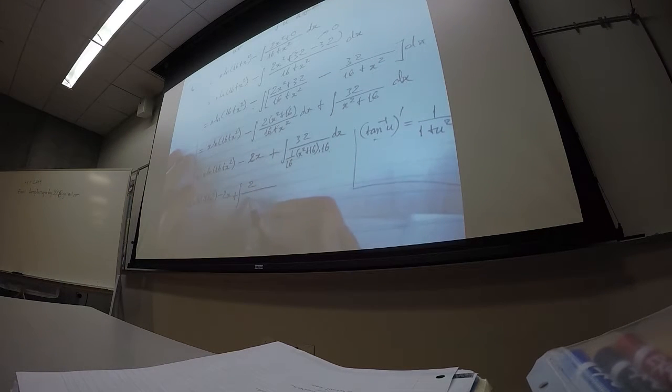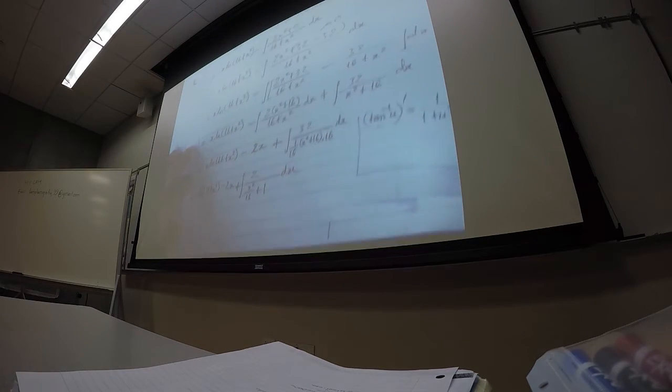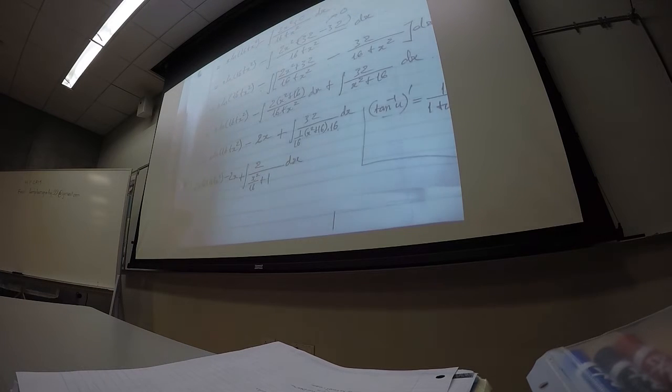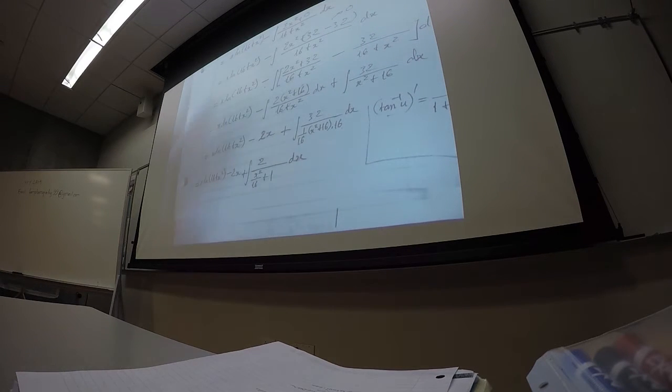Okay, 16 in here, that's x squared over 16 plus 1 dx, right? You can write this as x over 4 squared, right?